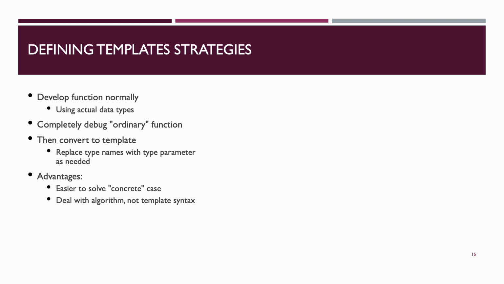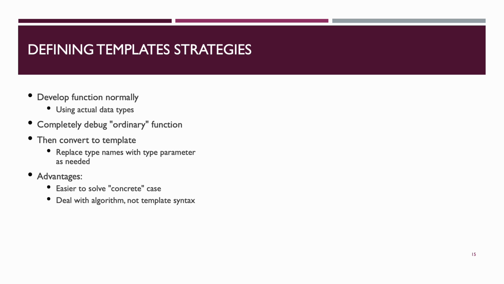So to define templates, there are some strategies. If we go step by step, first, develop normally. Start by developing the function using actual data types like integer, float, etc. This makes it easier to write and test the function since you are working with concrete types. Second, debug the ordinary function.